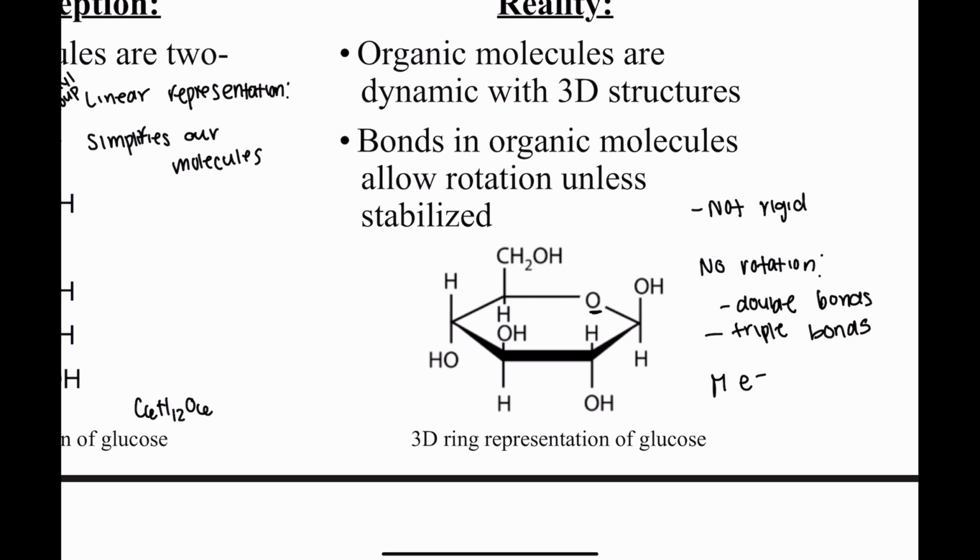This is not a hard and fast rule. We can still exhibit rotation in cyclic structures, but it has other criteria that have to be met, which is completely out of the scope of this class. So for this class, we can kind of associate cyclic rings with no rotation, but that is not completely true.